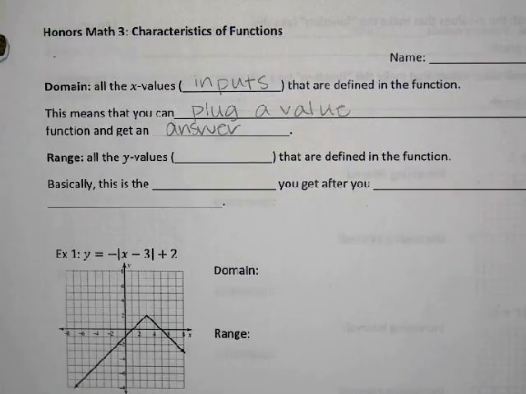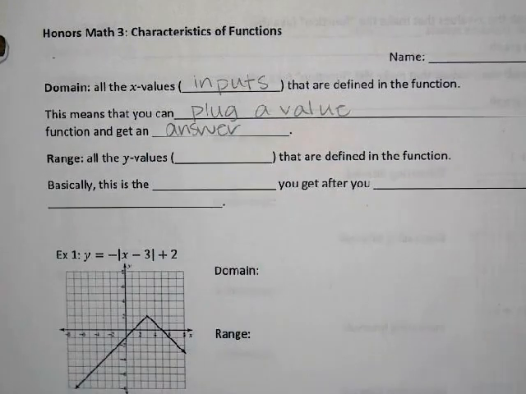Like with the square root sign, you're not supposed to plug in negatives. With a fraction, you're not supposed to plug in a 0 on the bottom of a fraction. There are things where your calculator would give you an error message. For other problems, you can plug in whatever you want. So the domain has to do with what you're allowed to plug in.